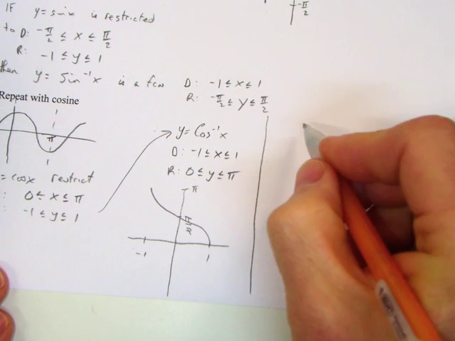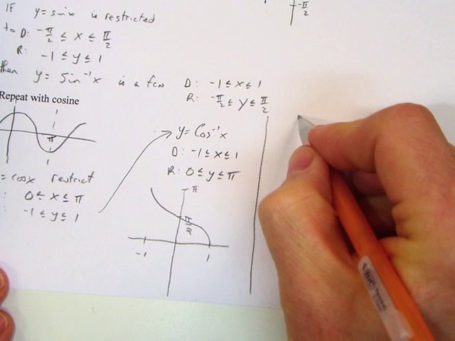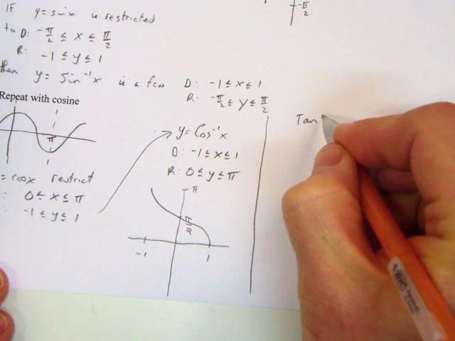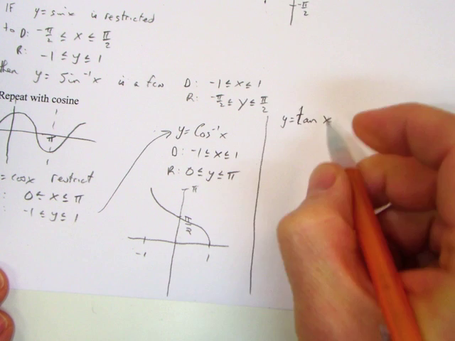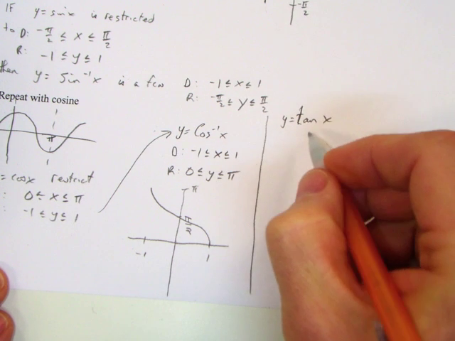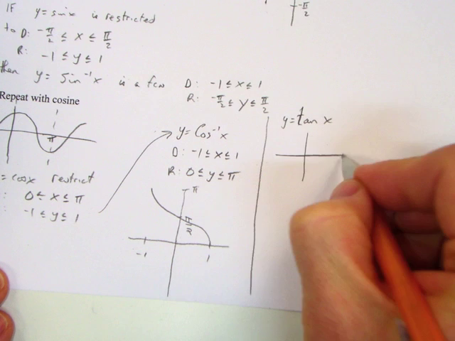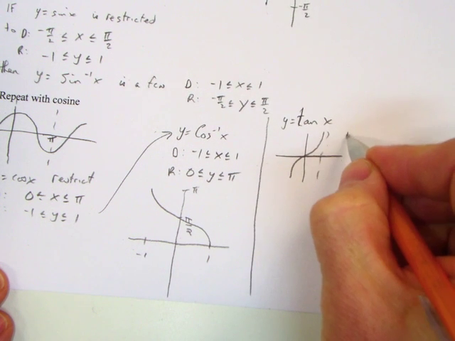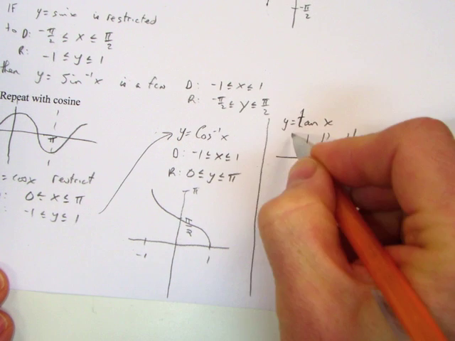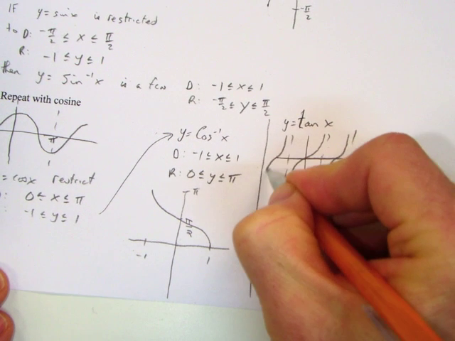Let's take a look over here, and I'm going to throw down tangent. y equals tangent x. I didn't set one up, so that's why we're just going to throw it in here. Remember, tangent is looking like this. It's that repeating over and over and over.